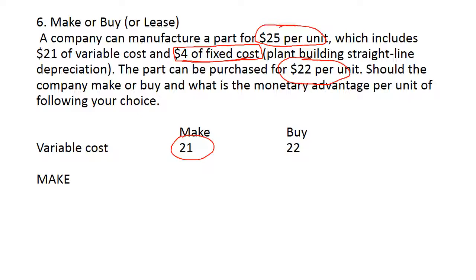Now, if the problem were to tell us that that part of the factory would be used to manufacture some more profitable product, then it would become possibly more beneficial to us to buy the product at $22, because that $4 of fixed cost would be generating a more profitable product.